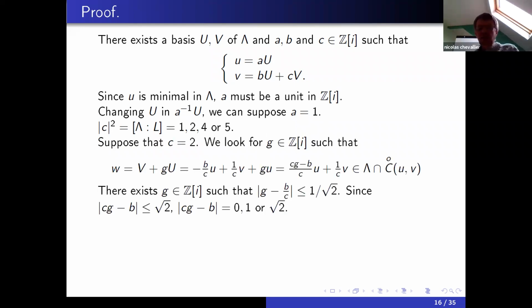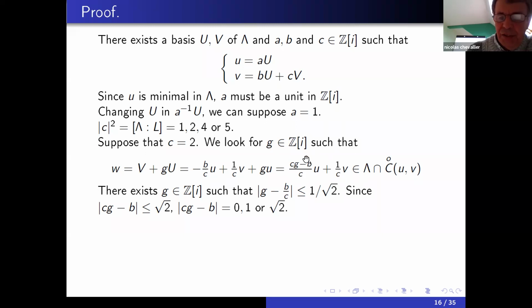And if C is 2, we want to find a contradiction. So we want to find a linear combination of capital U and capital V, such that this linear combination with Gaussian integer coefficients is in the interior of the cylinder defined by U and V. And we just look at a linear combination like that. W is V plus G times U. And we compute it with small u and small v using the system here that we can solve.